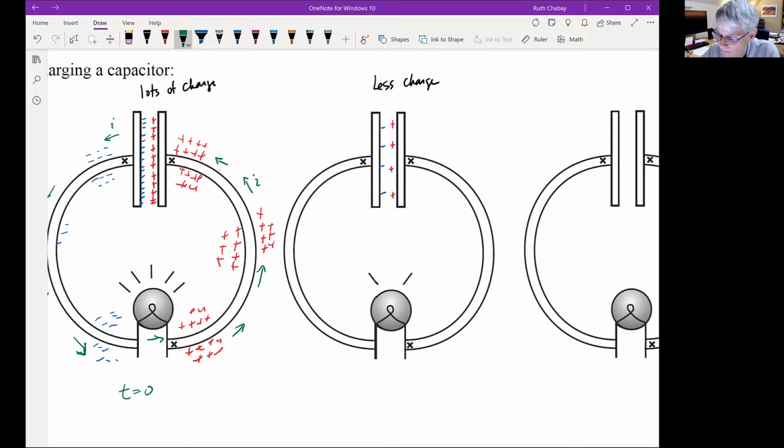And so here we have t equals some short time afterwards, delta t. We've still got electron current flowing here, but it's smaller. Maybe I should make these arrows bigger to show that we have a big current here for starters. So we have a smaller but non-zero current.